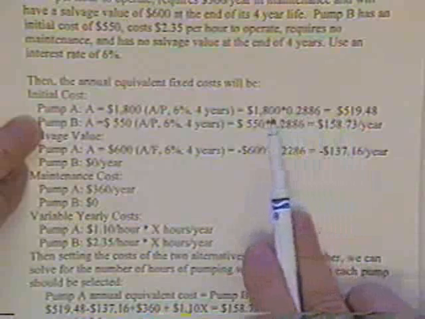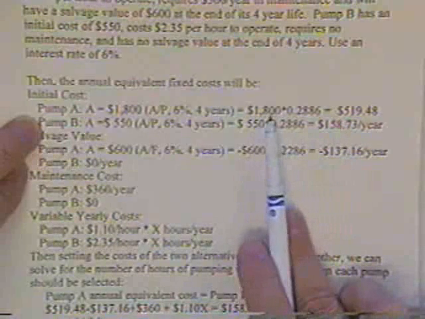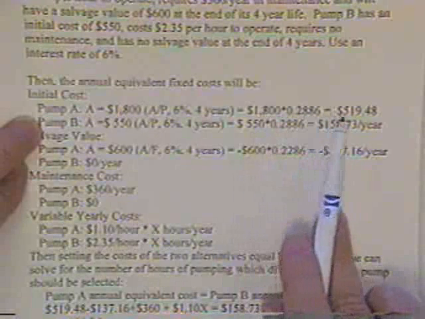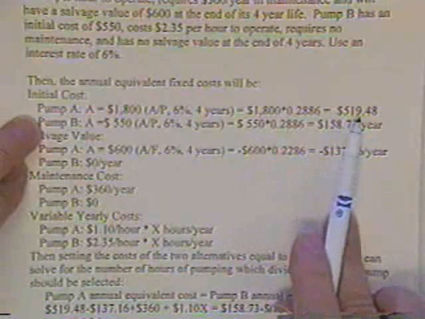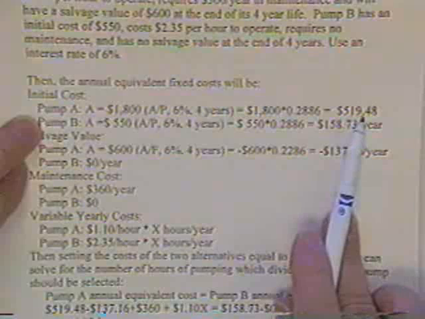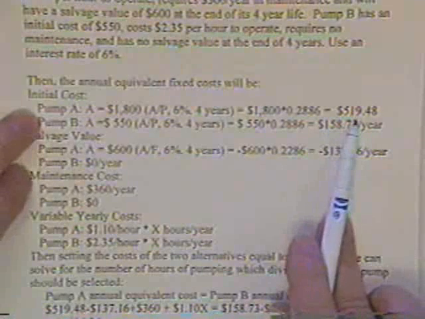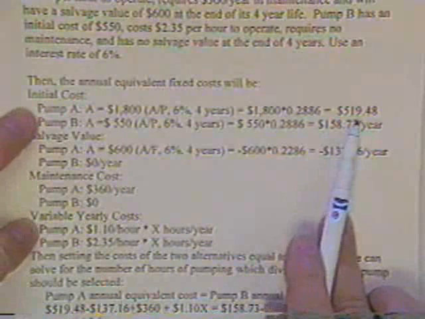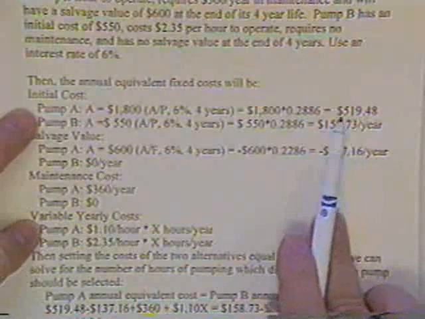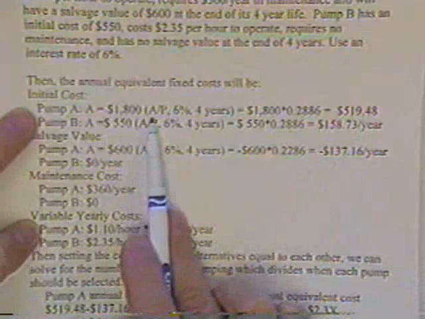In other words, by losing the $1,800 cost of the pump, it would be the same as saying you would invest an annuity of $519 each year. Now, the reason I'm putting this on a yearly basis is because this pump is going to run some number of hours per year, and so I need to spread this money out in the form of an annual amount.